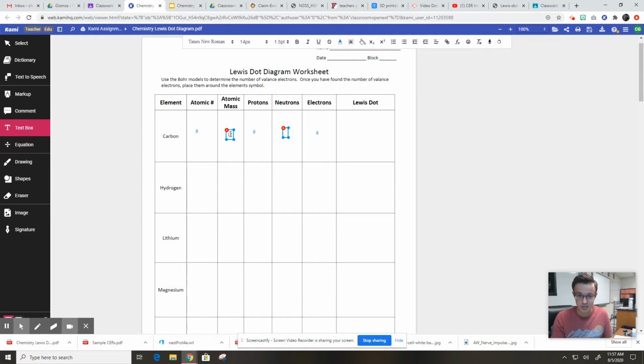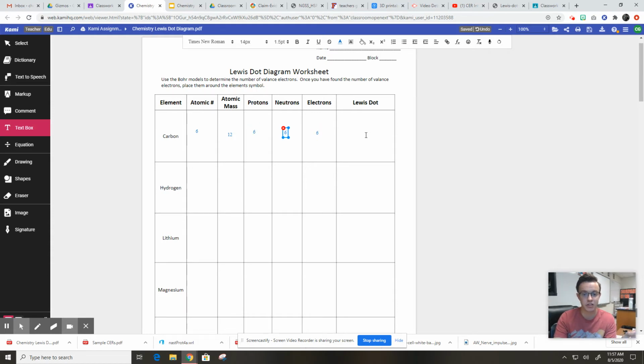Well, 6 plus 6 is 12, or 12 minus 6 is 6, however you want to look at it. So there are 6 neutrons. Protons plus neutrons is the atomic mass. That's the for sure way to always find the number of neutrons. Okay? So we've got atomic number of 6, mass number of 12, 6 protons, 6 neutrons, 6 electrons.